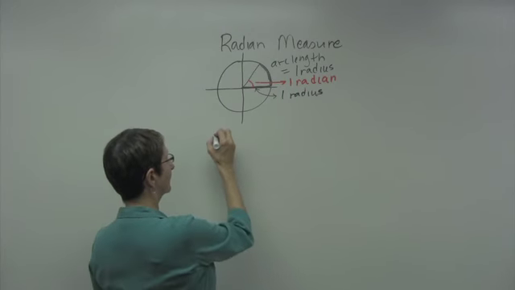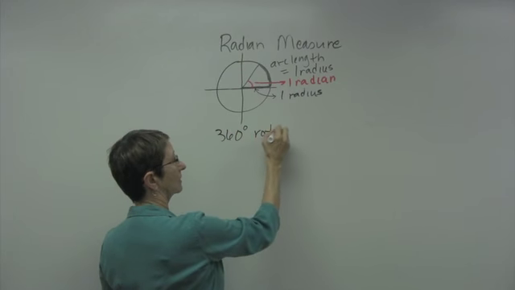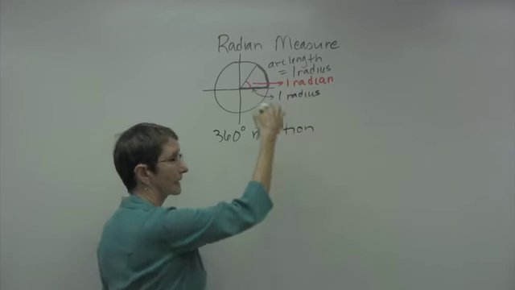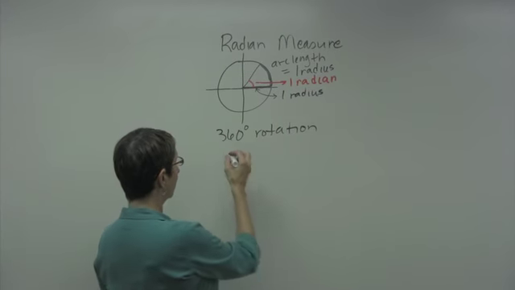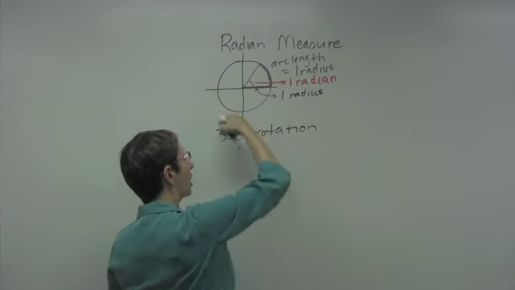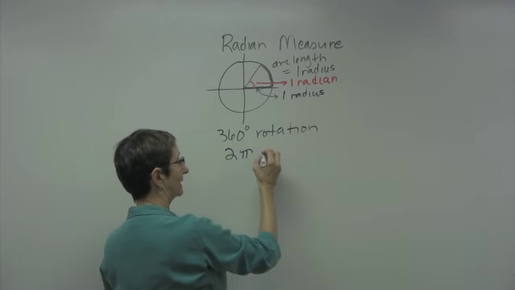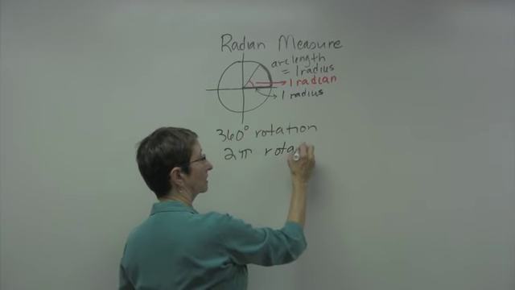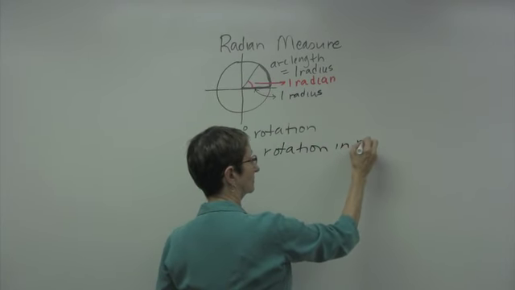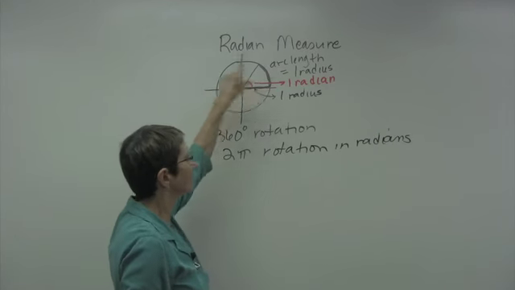We know that there is a 360-degree rotation in a whole circle. That's 1 complete rotation of the circle, or revolution. That is also 2 pi, the rotation in radians. All the way around the circle is 2 pi.